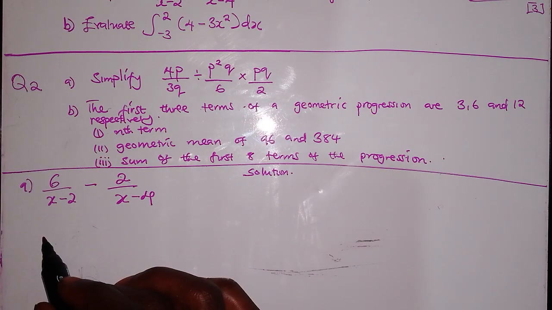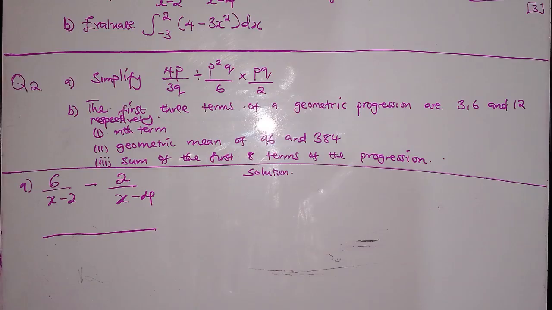Our step 1, whenever we are simplifying, is to find what? The common denominator between the two, because this is a fraction. Always when you're dealing with fractions, addition and subtraction, the first thing you should find is the common denominator. So how can you find the common denominator?